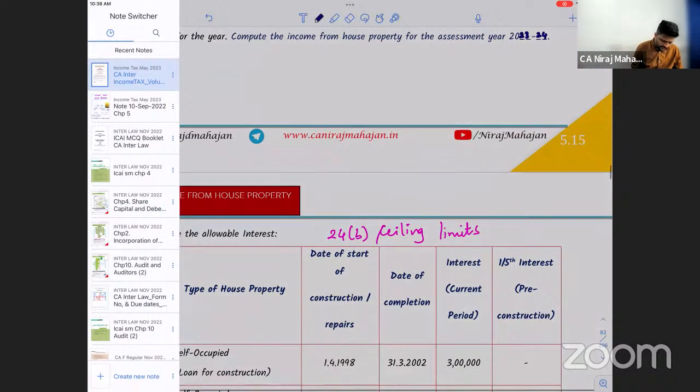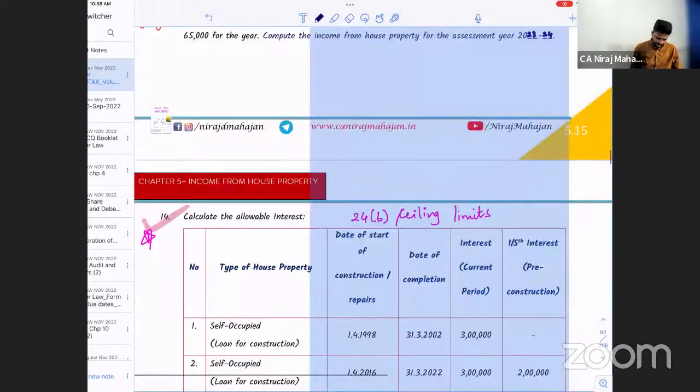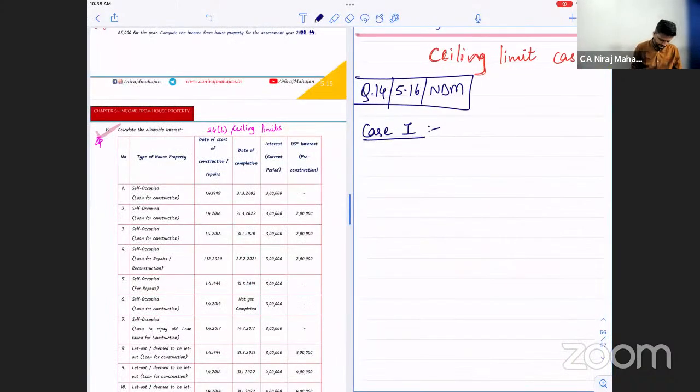Write down in the notebook, bachcho. Case 1. House property is SOP. Loan is for construction, full stop.